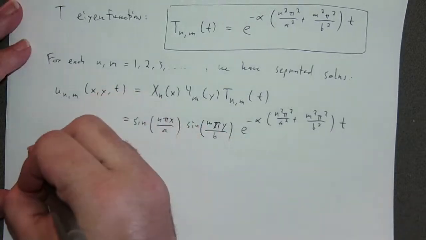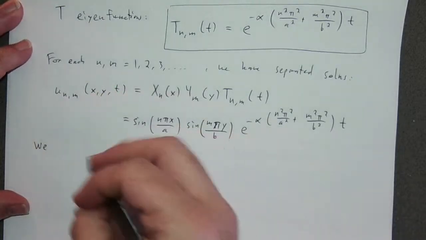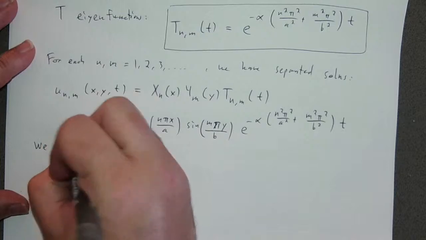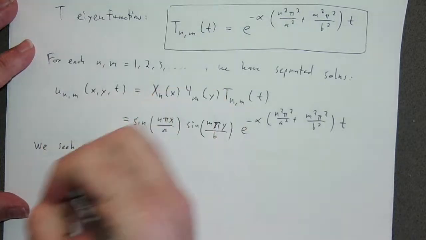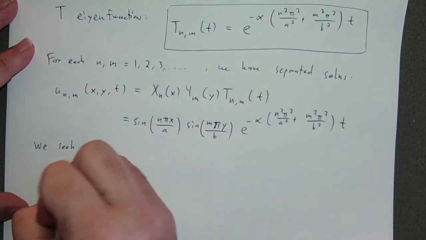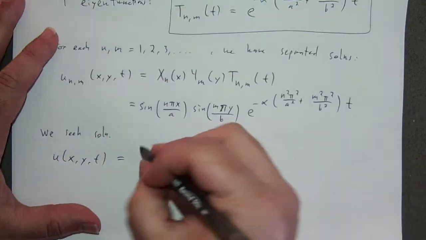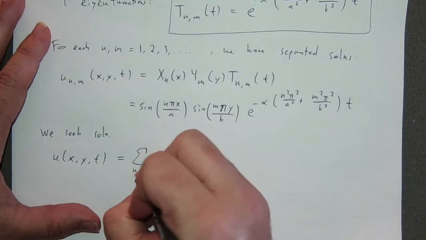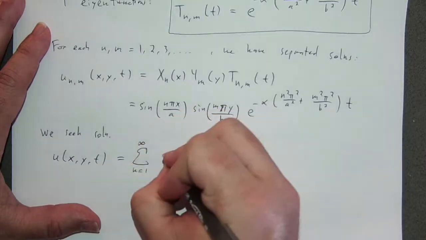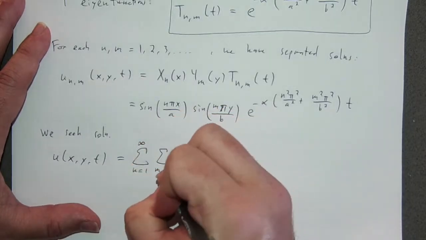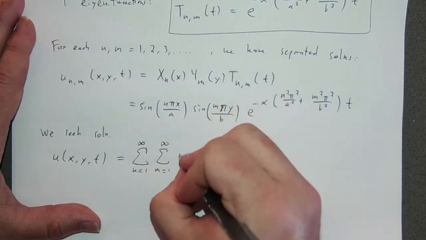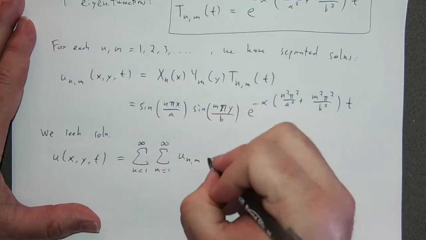And now we seek a solution u of x, y, t that is a double sum of these separated solutions.